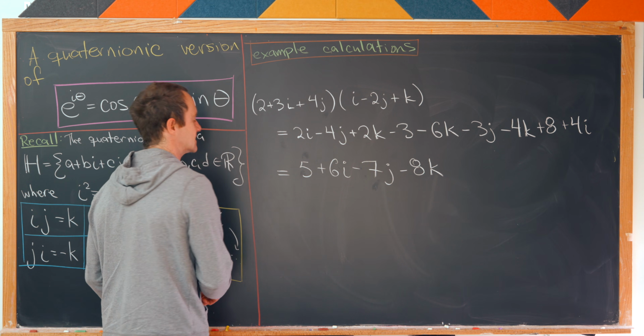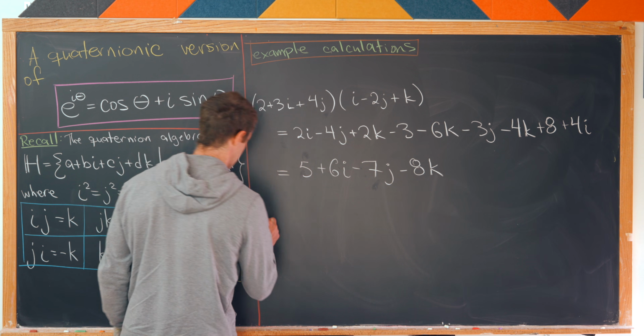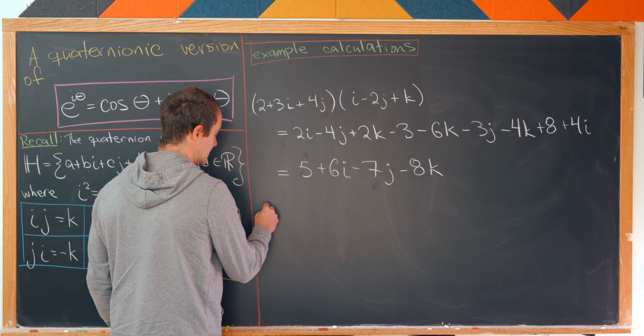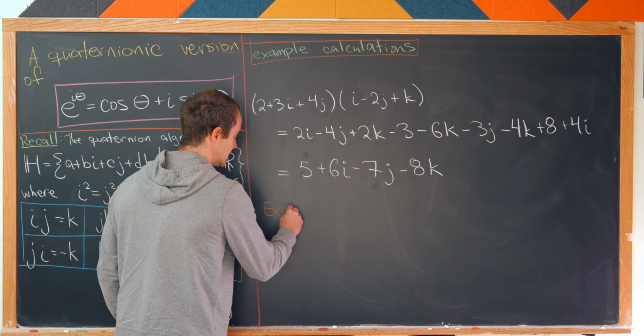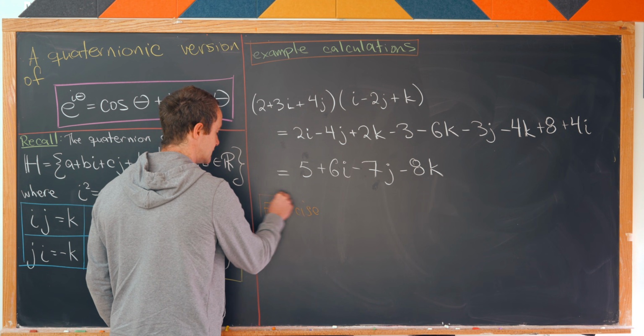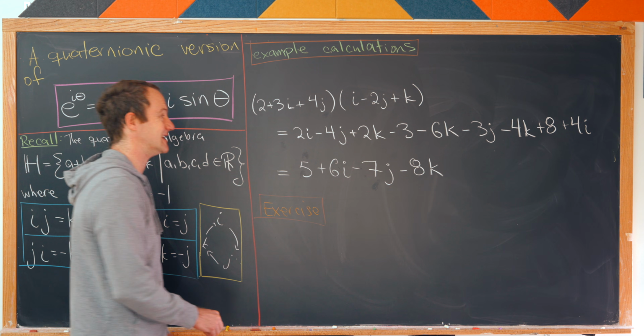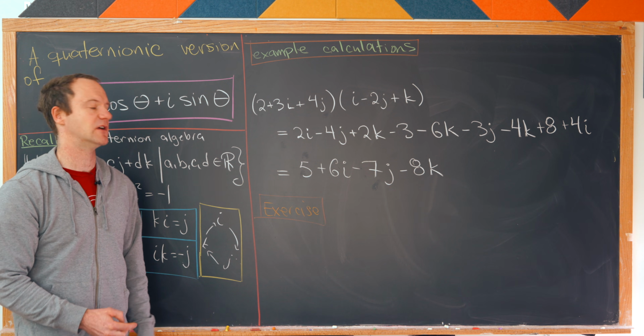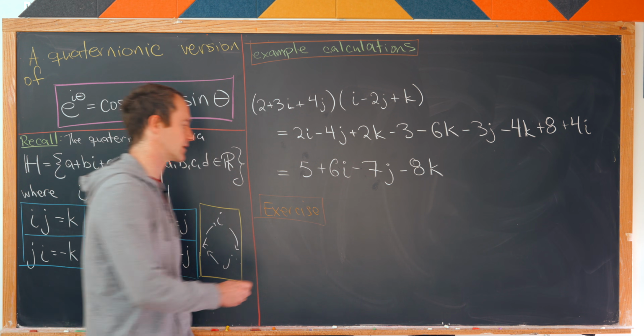One thing that I would like to leave you with before we move on to our main result is an exercise for you to try on your own. This exercise gives you some idea for finding the multiplicative inverse of a quaternionic number.